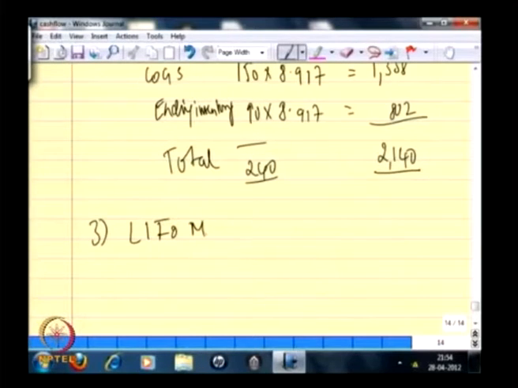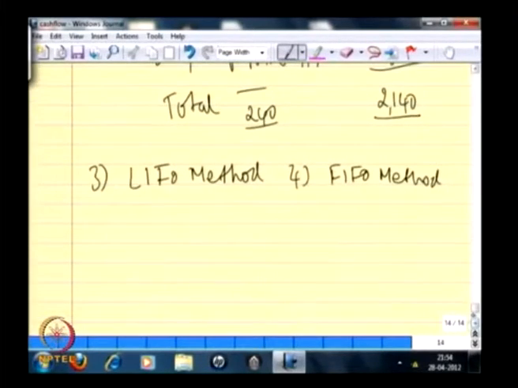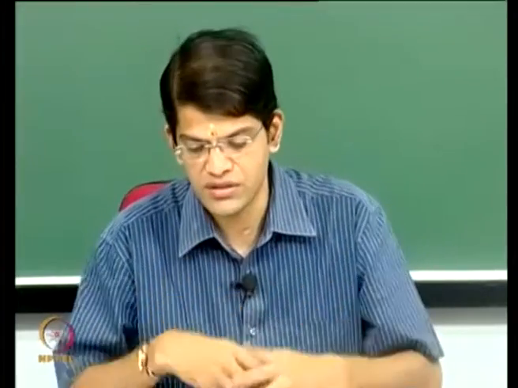The LIFO method and the FIFO method. The name suggests: LIFO is last in first out, FIFO is first in first out. Now, the FIFO method assumes that the oldest inventory purchased gets sold first.